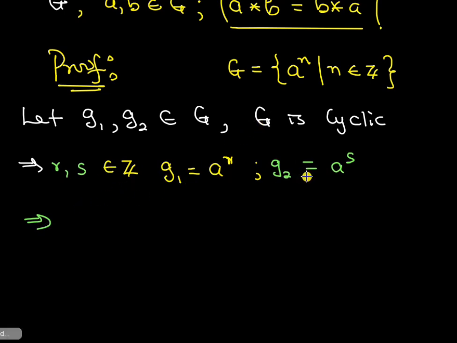So now we want to show that G is abelian. How do we do that? So let's multiply. Remember, I'm using multiplication for lack of words.